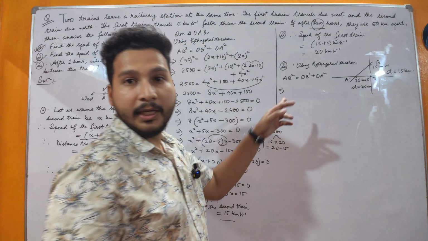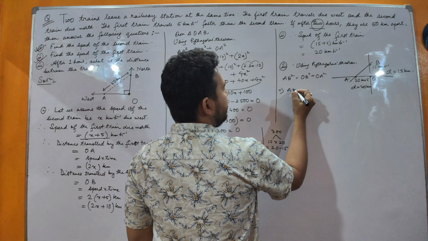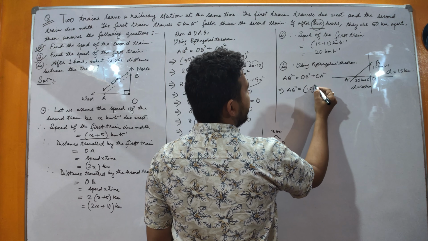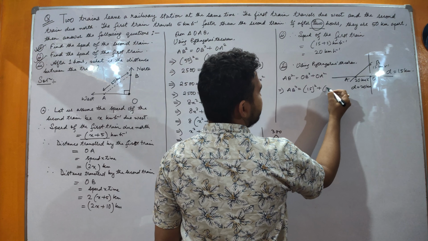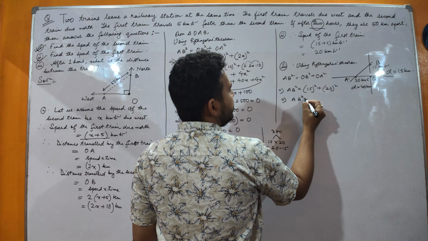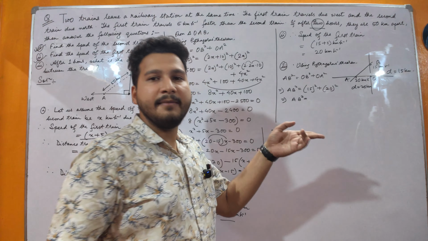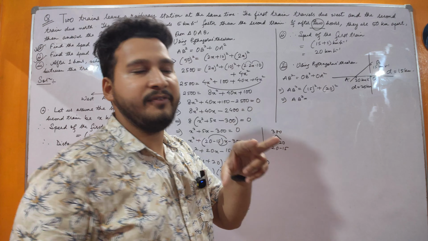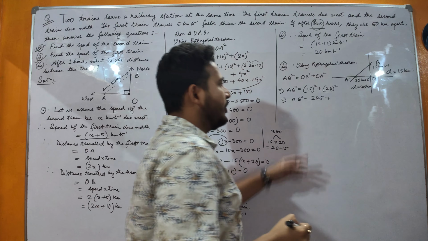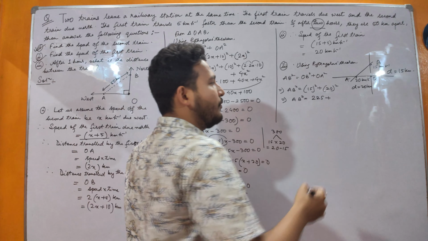Let's find out AB. AB square is equal to, what's OB? That's 15 square, plus what's OA? That's 20 square. 15 times 15 is 225, plus 20 times 20, that's 400.